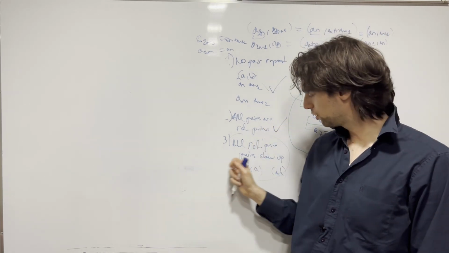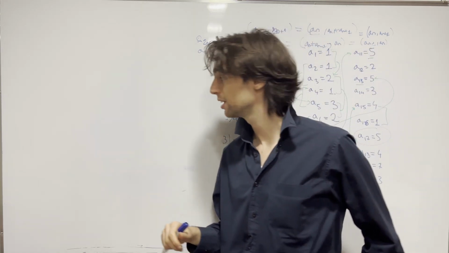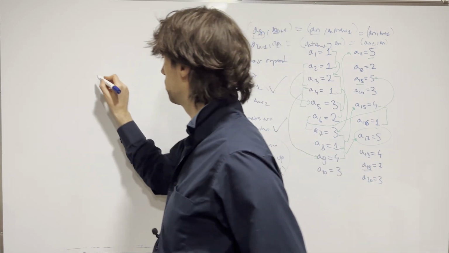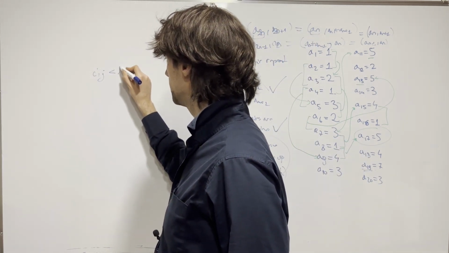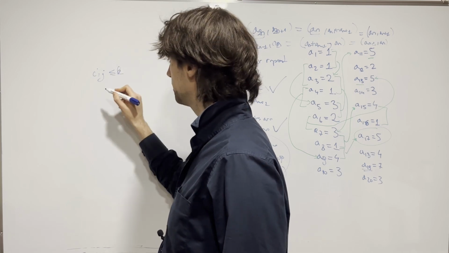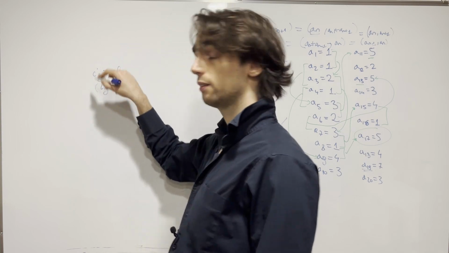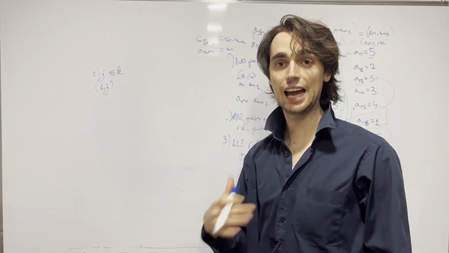Well, induction on the biggest number in the pair. Let's assume that for all i and j less than or equal to k, all the relatively prime pairs (i, j) show up in the sequence at some point.